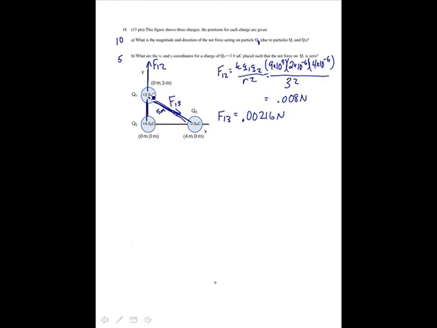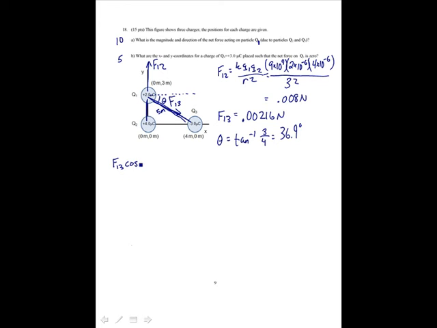Now, I need to resolve this F13 into its x and y components. So I need to figure out what this angle theta is. That angle theta is the inverse tangent of 3 over 4, which is 36.9 degrees. And then I calculate the x and y components.